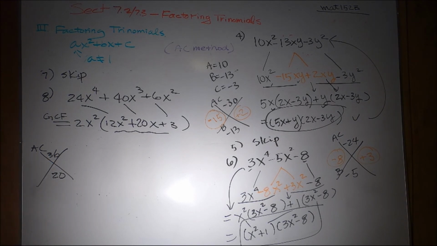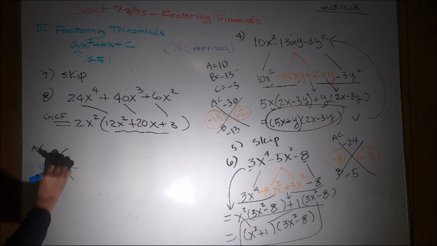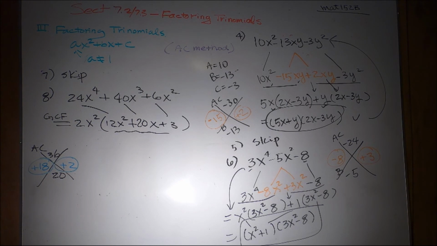Multiply together is 36. Added together is 20. 6 and 6 will be 12. That would not work. 4 and 9 will not work. So that would be 18 and 2. Both would be positive. You have to work it out.